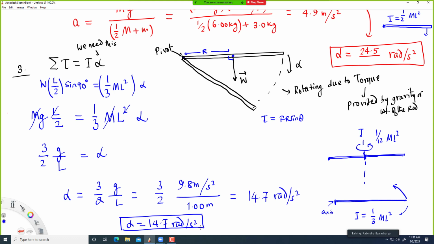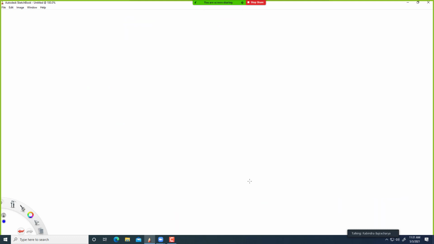So previously we talked about conservation of momentum. Momentum before is equal to momentum after. Now we can use the same concept for rotation also.